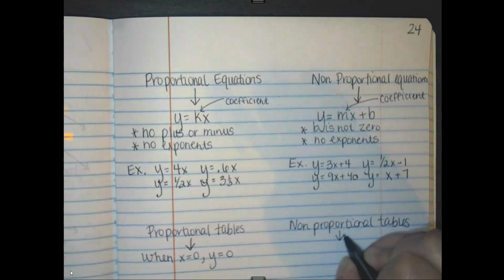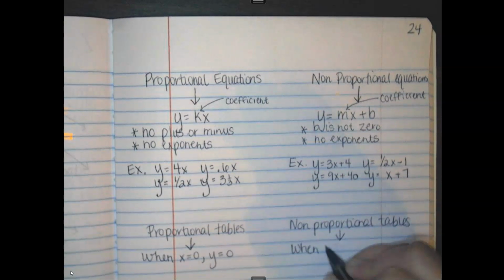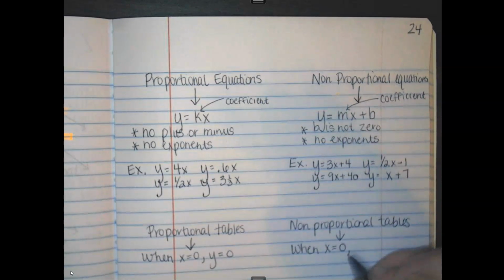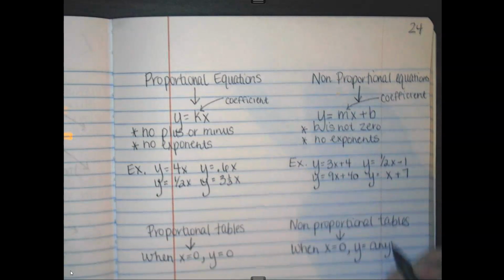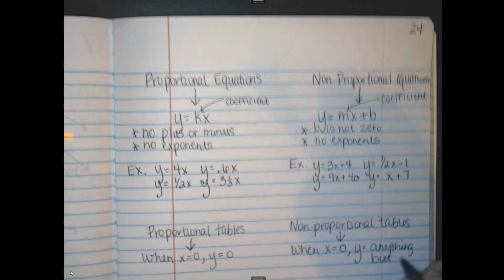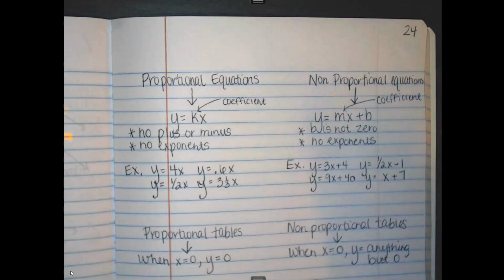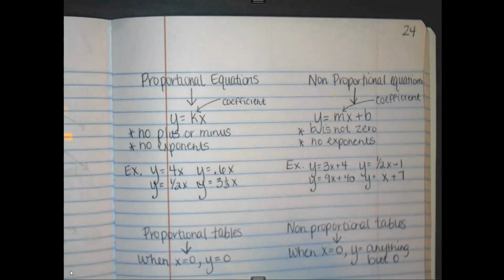For non-proportional tables, when x equals 0, y equals anything but 0. Okay? Anything but 0. So that could be 5, a 7, 21, a negative 800. All of those are possible. So we're going to look at an example of that.